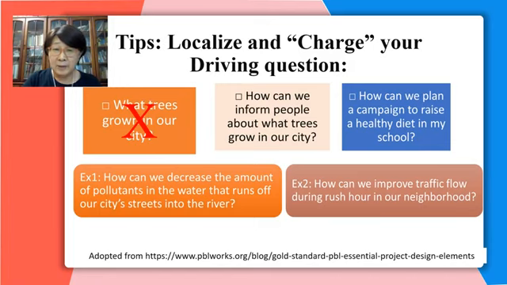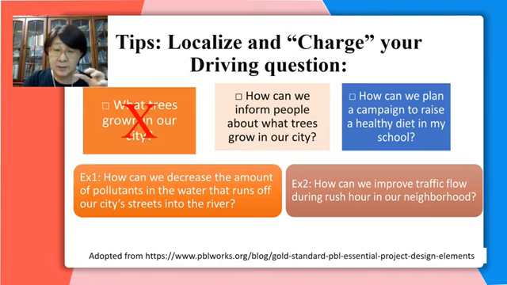And how about the bottom one, example 1: how can we decrease the amount of pollutants in the water that runs off our city streets into the river? Here we can see that it really fits the criteria of localized, because it mentions your city.